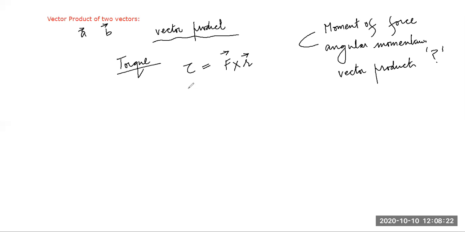So vector product, also known as cross product. Now this is equal to F r sin theta. I mean to say theta is the angle between the applied force and the r vector. What's that?